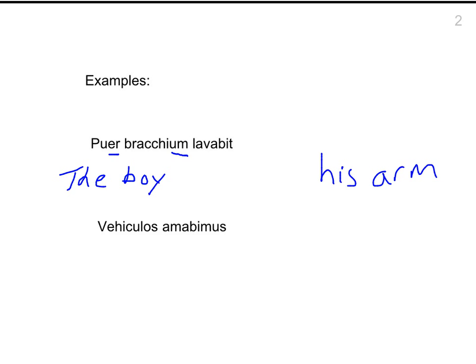And then we get the final word of the sentence, lavabit, and we'll notice here that this is a verb. We have a verb stem, LAVA, plus BI plus T. So we have all the parts of a future tense verb, and if you recall that the BI is future, so we can put will wash is what it means.